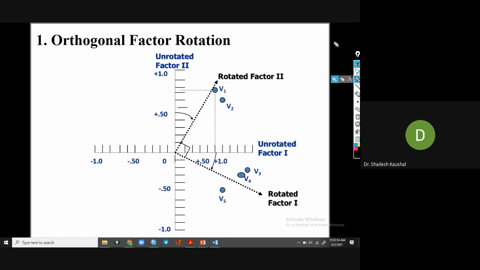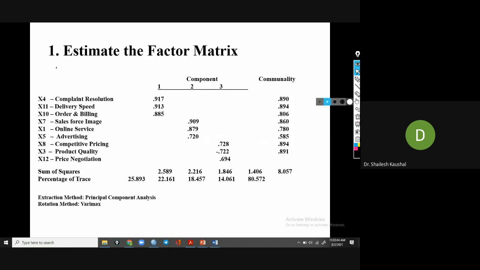This is my factor matrix. In the factor matrix, this variable should be highly related to only this component, and unrelated or less related to other components.